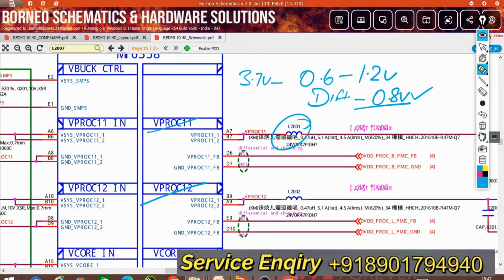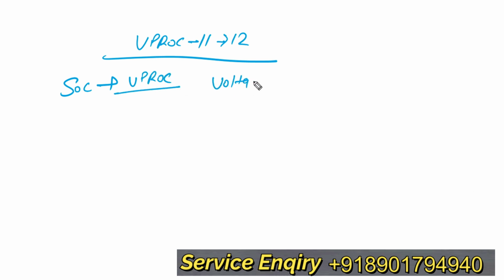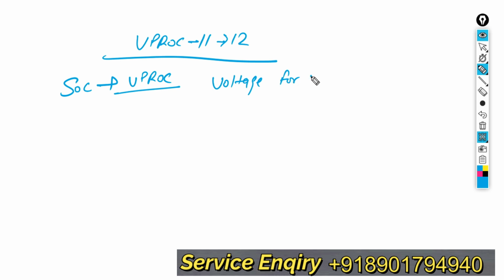Now, let's say clear, VPROC 11 plus 12. These two coils are for the processor, your CPU, meaning SOC. VPROC means voltage for processor.